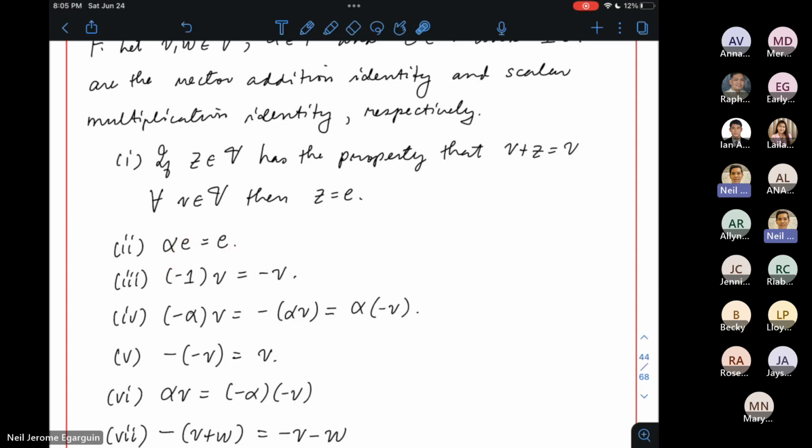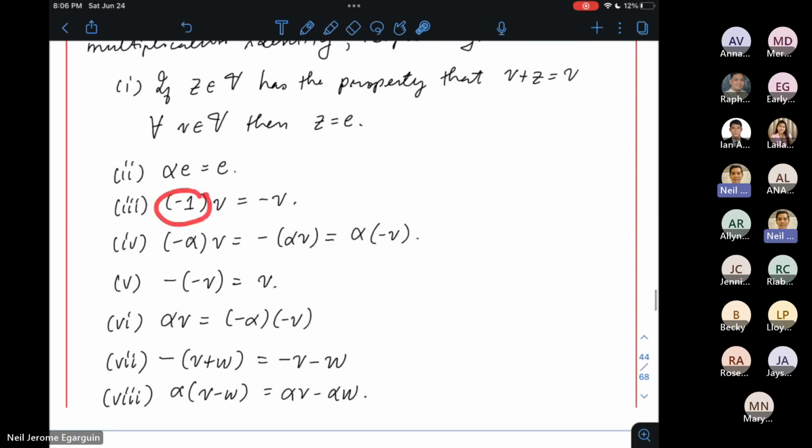Right? Tapos ang additive inverse ng identity times a vector ay additive inverse ng vector. Property 4, additive inverse ni alpha times vector ay equals sa additive inverse ng alpha v, which is also equal to alpha times the additive inverse of the vector.